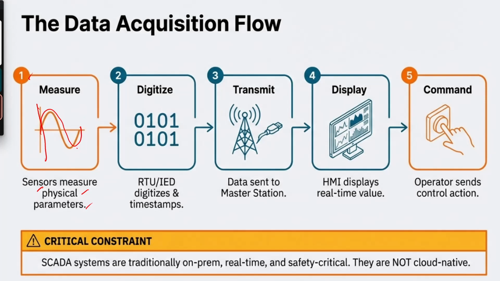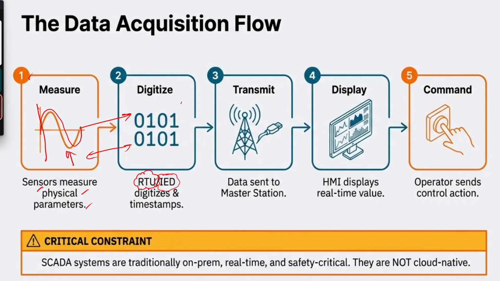Now we cannot use this analog signal, correct? It has to be changed to the digital one. To do this, what we will be using is RTUs combined with the IEDs. This device will convert the analog signal into the digital.